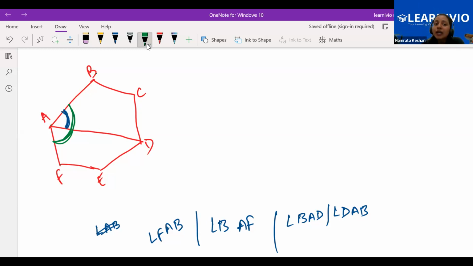The name of the green angle is FAB or maybe BAF, but the name of the blue angle, which is just a teeny tiny part of the green angle, will be DAB or BAD. Am I making sense to everyone? Yes, sir. Okay. Are you getting it, Heather?